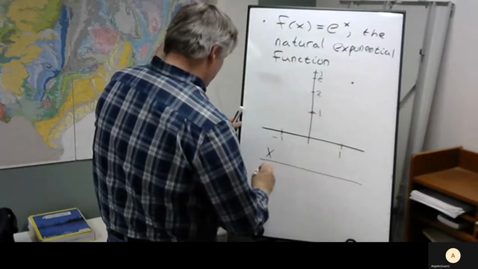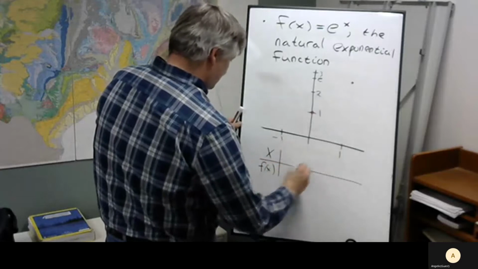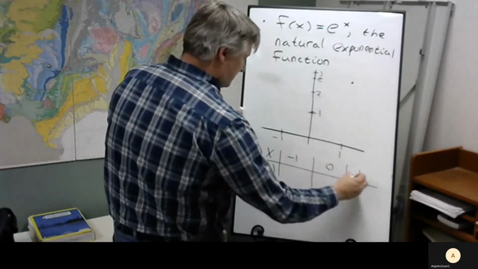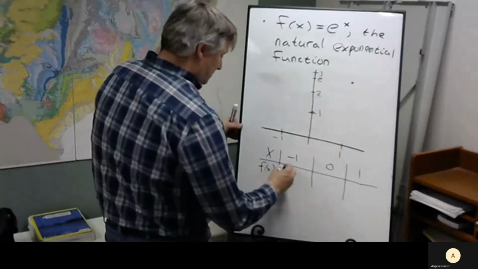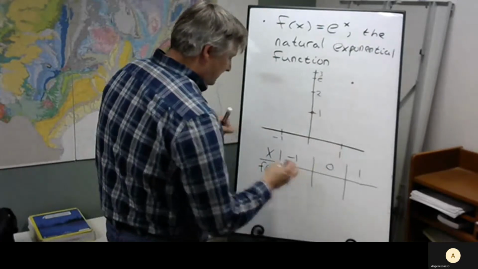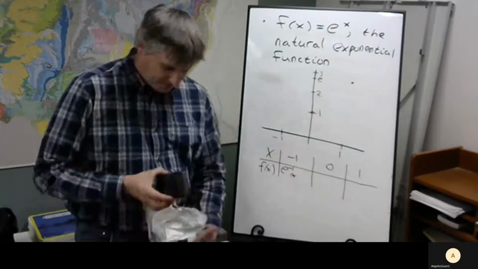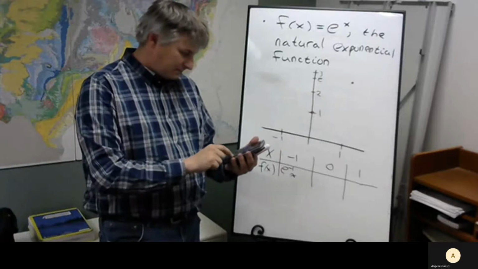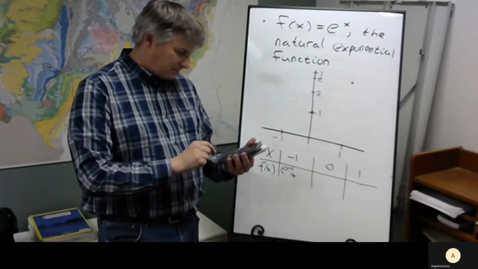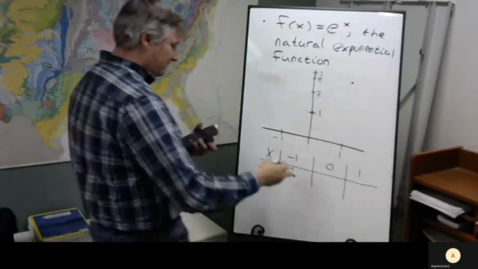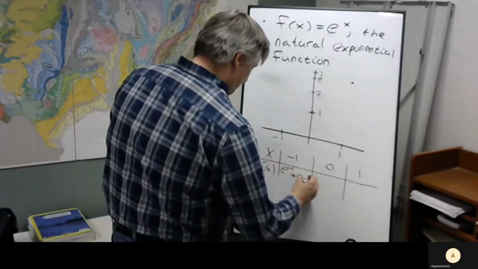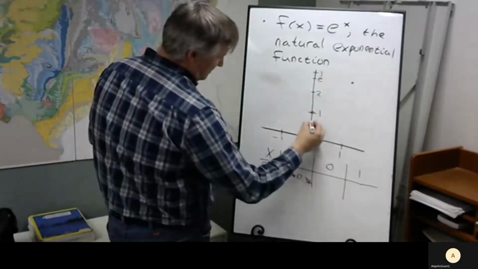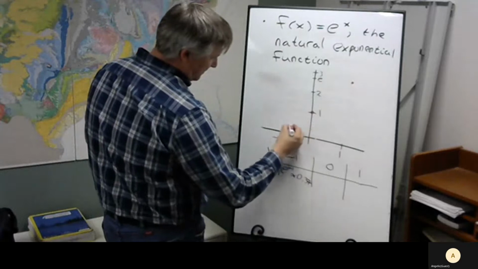Let's do our f of x. So we have e to the minus 1. If I calculate this on a calculator, it's approximately 0.37. So that's going to put it a little bit above a third.